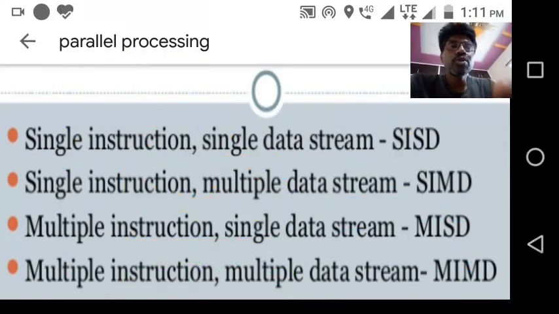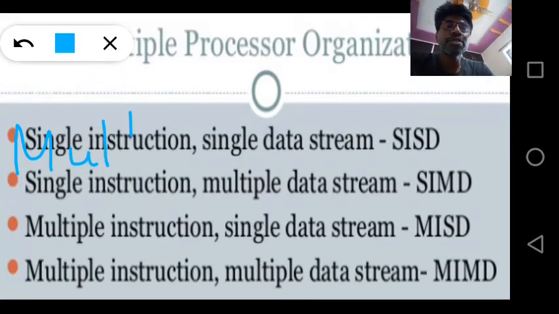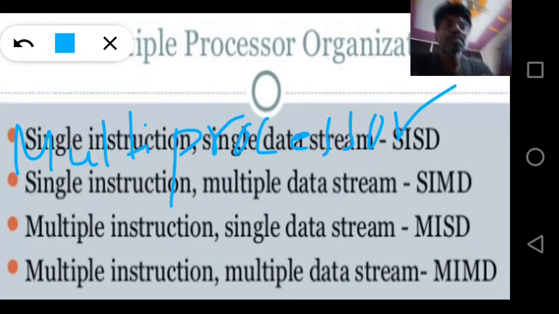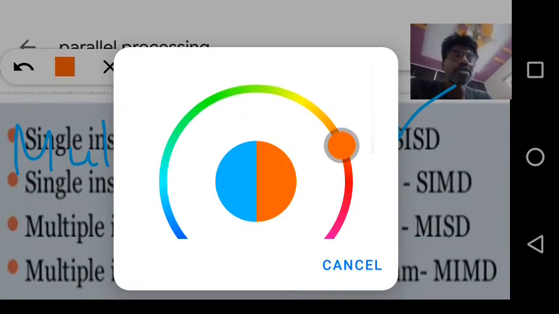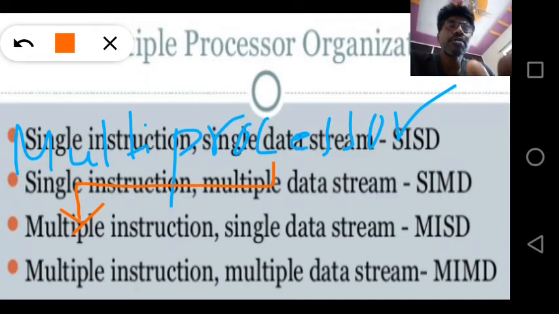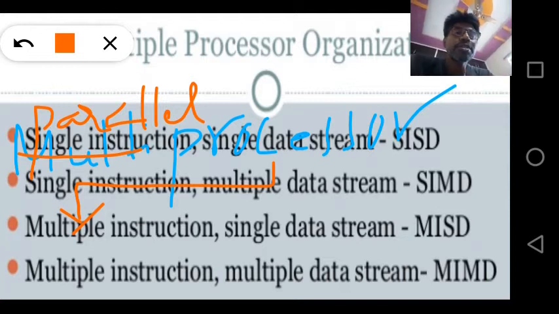So first you should have an idea that multiprocessor means two possibilities. One, or I can call it parallel processing. The parallel processing can be achieved in two ways.